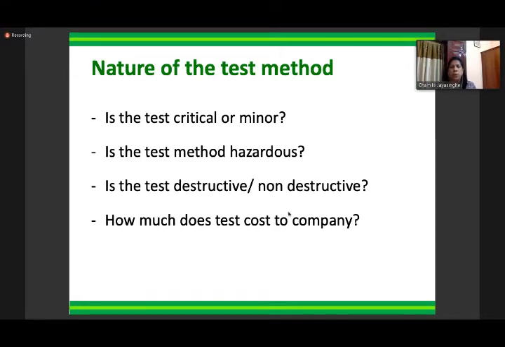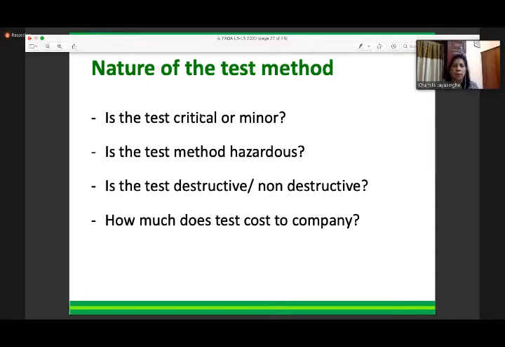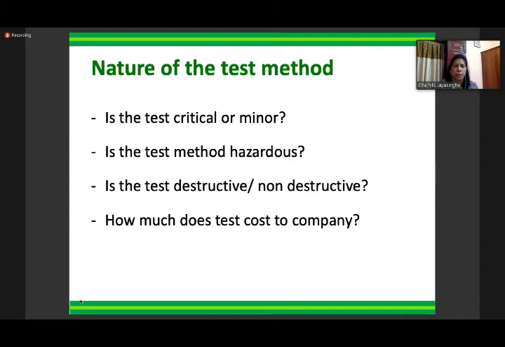What is the meaning of destructive or non-destructive? That is important to find out. So how can we explain the destructive test method and the non-destructive test method?